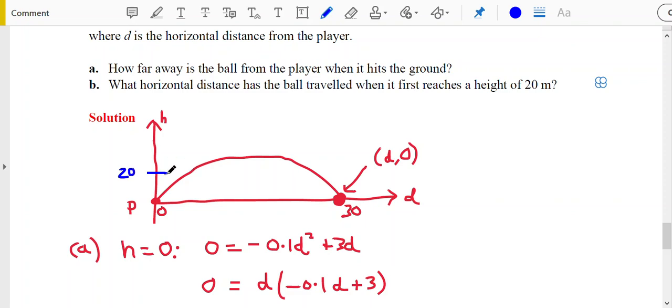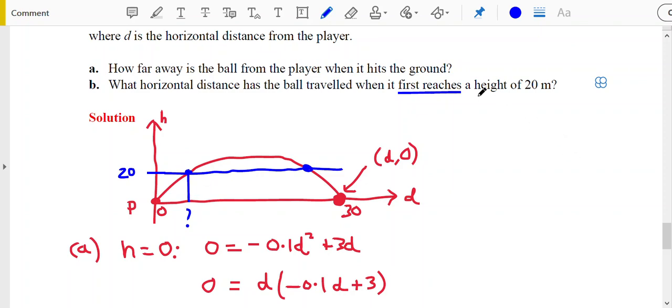So what you'll notice is if I draw a line straight through this graph, the ball reaches 20 meters twice, somewhere here and then somewhere over here. But it asks for when it first reaches. So that's this first dot here. So this question mark I'm putting there, that's the distance that I need to find. The first time it reaches a height of 20 meters.